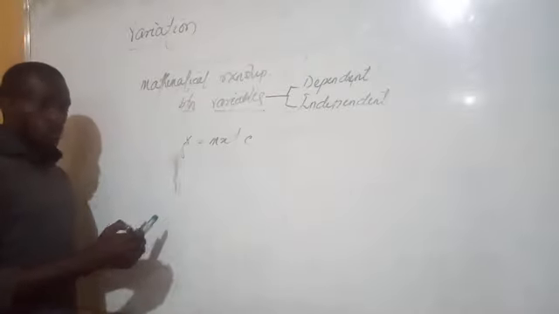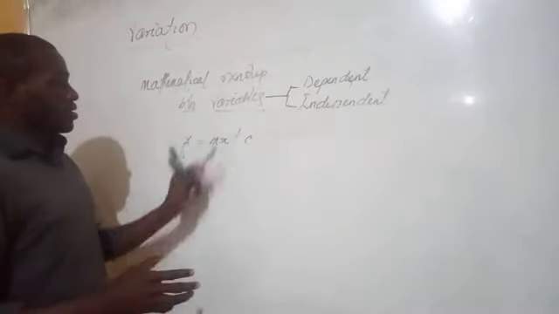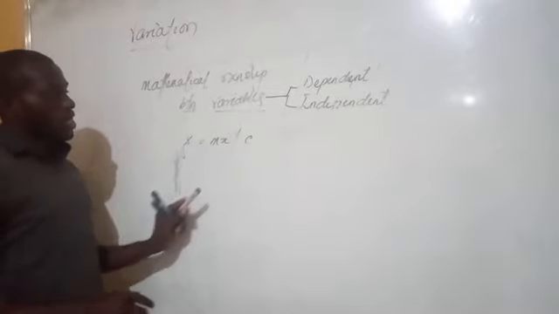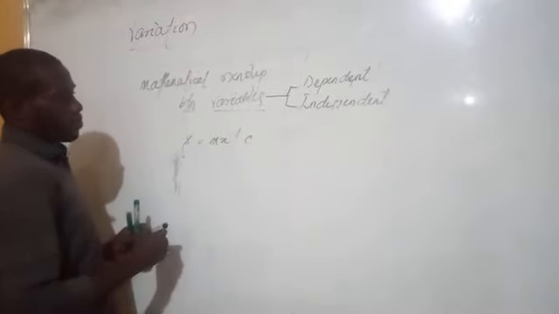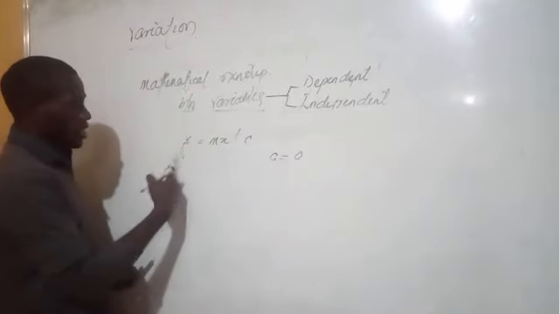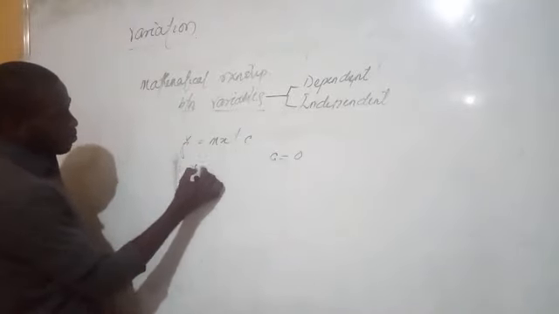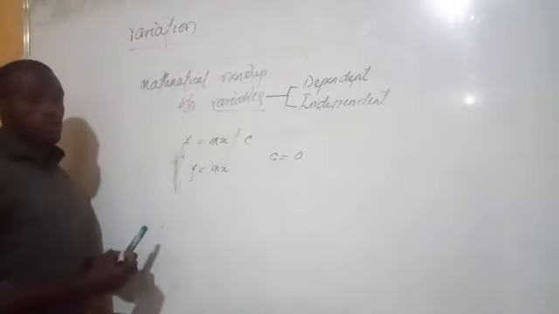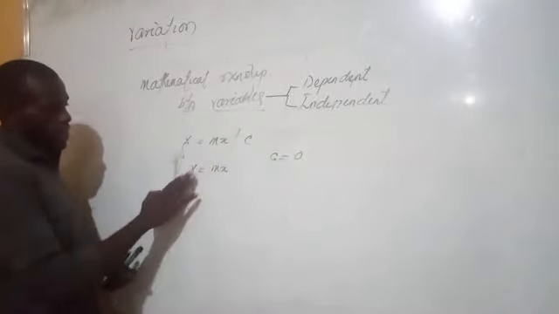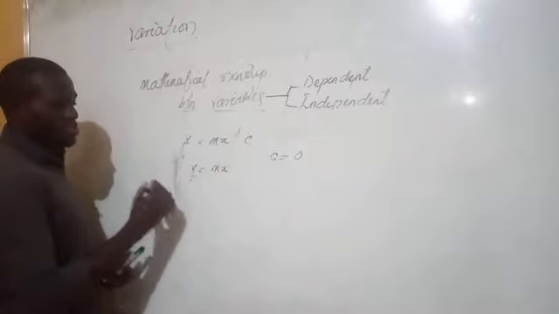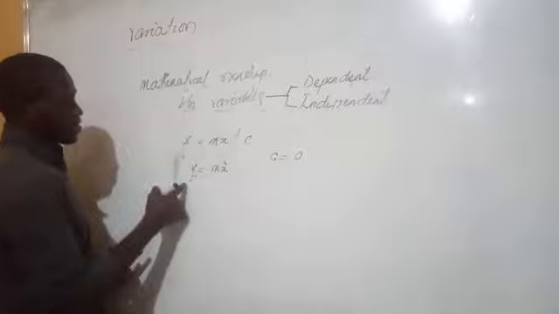Now looking at this equation, this is the gradient m and this is the intercept. If my intercept were taken to be 0, if c was equal to 0, it means that y will be equal to mx plus 0, and so it throws out the c. Here we can see that y is dependent on variable x for its value.